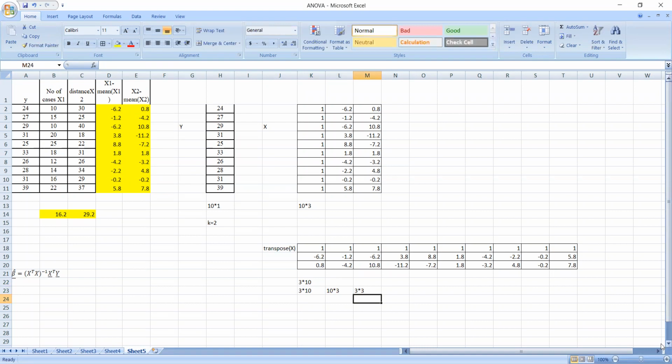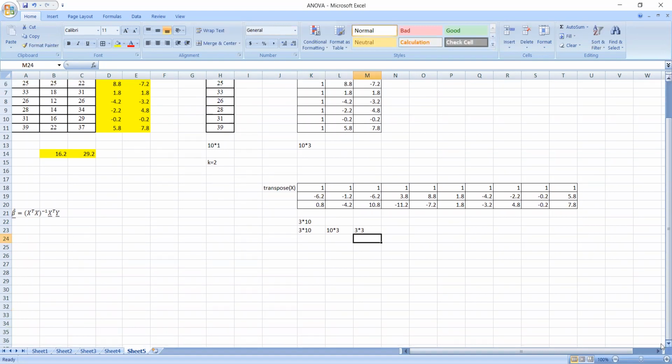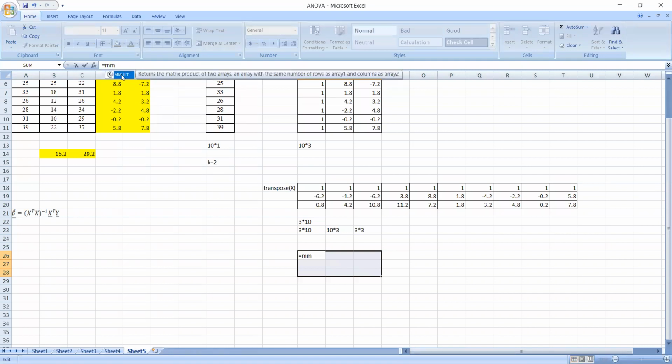Earlier I also explained how to obtain this multiplication in Excel. Since our result is a 3 into 3 matrix, I'm going to select the area with 3 rows and 3 columns, and in the first cell take the matrix multiplication formula.